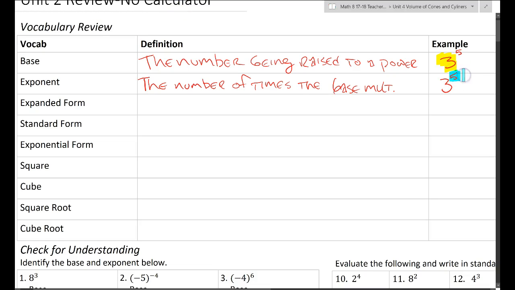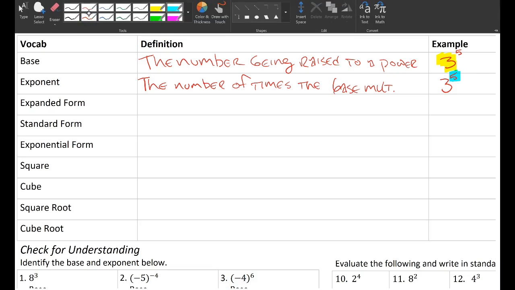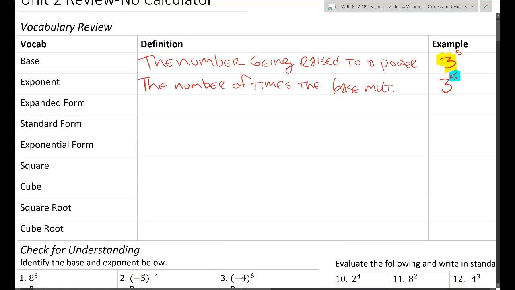then the power or the exponent is that 5, which means if I were to do this, let's just use the same example in expanded form. The definition of expanded form is the exponential multiplication written fully out.